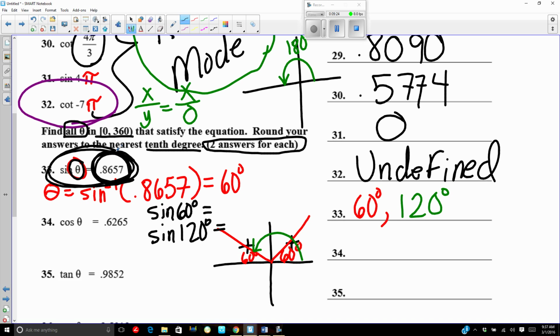So if you type those both in your calculator, you get about 0.866. So you know you've done it correct because you've gone back and substituted those 2 answers back in the original problem. So always check your answers before you move on.